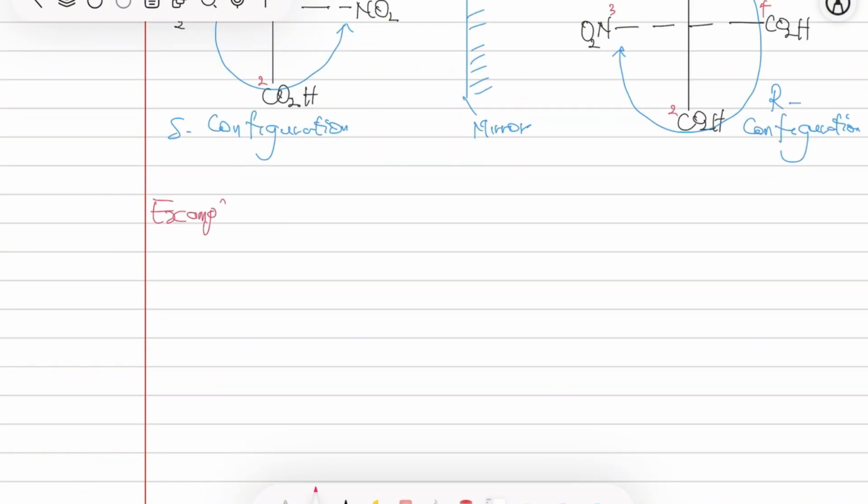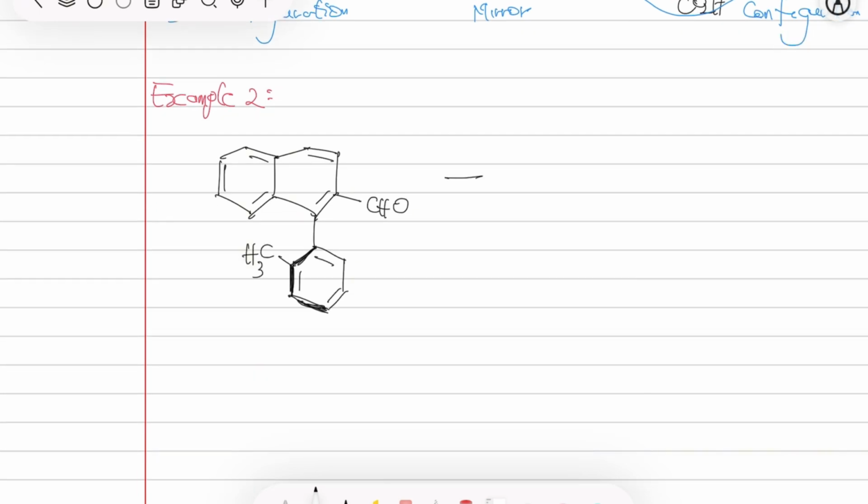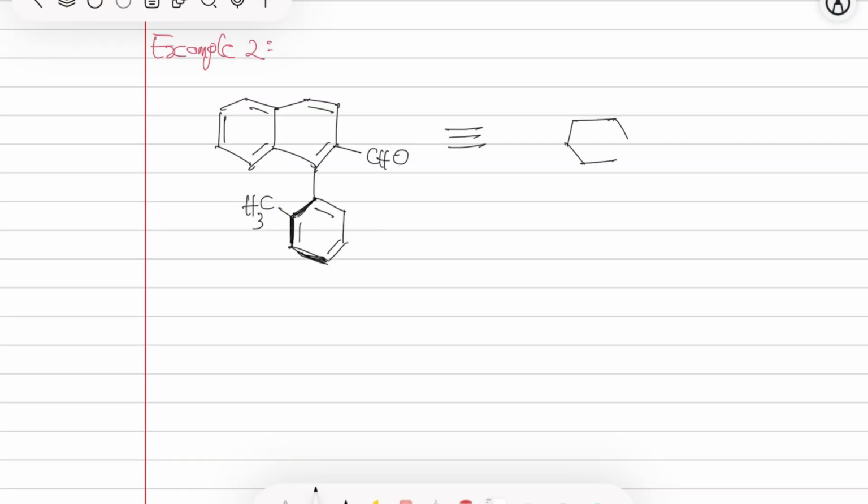Let's now consider another example. Let us consider how to determine the configuration of this biphenyl. In step 1, I just redrew the structure of the biphenyl. The structure in step 1 and the biphenyl represented in example 2 are the same thing.